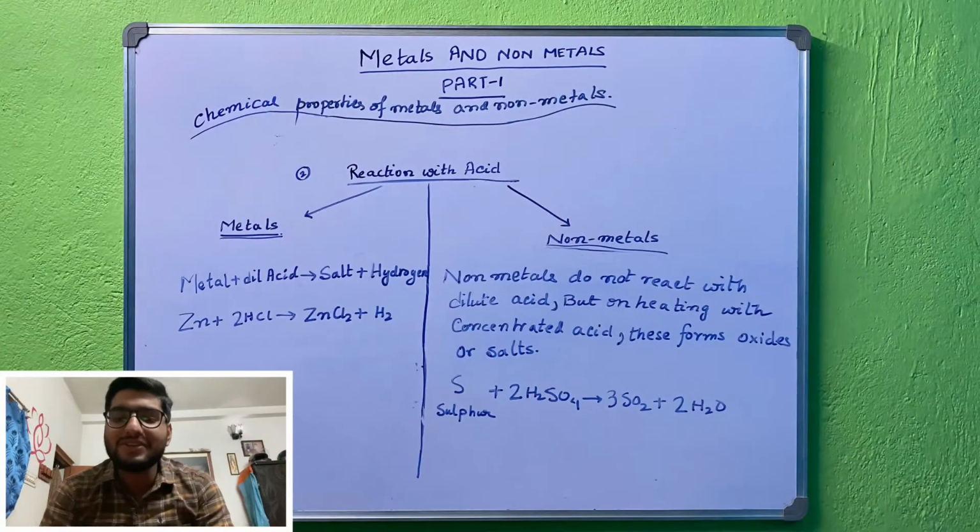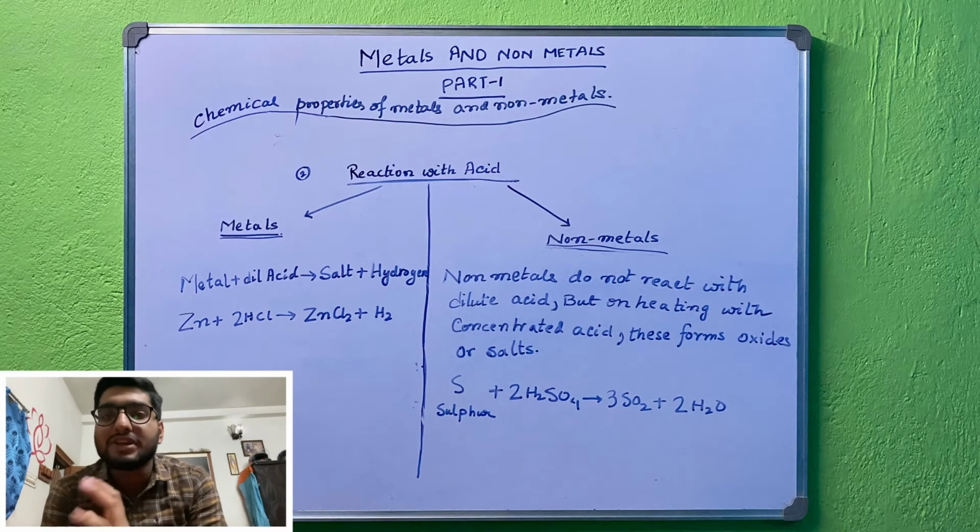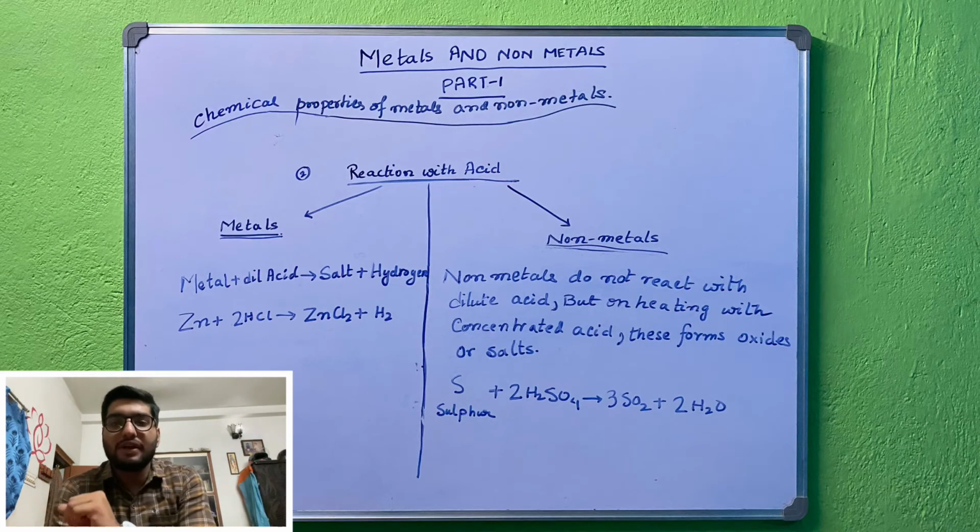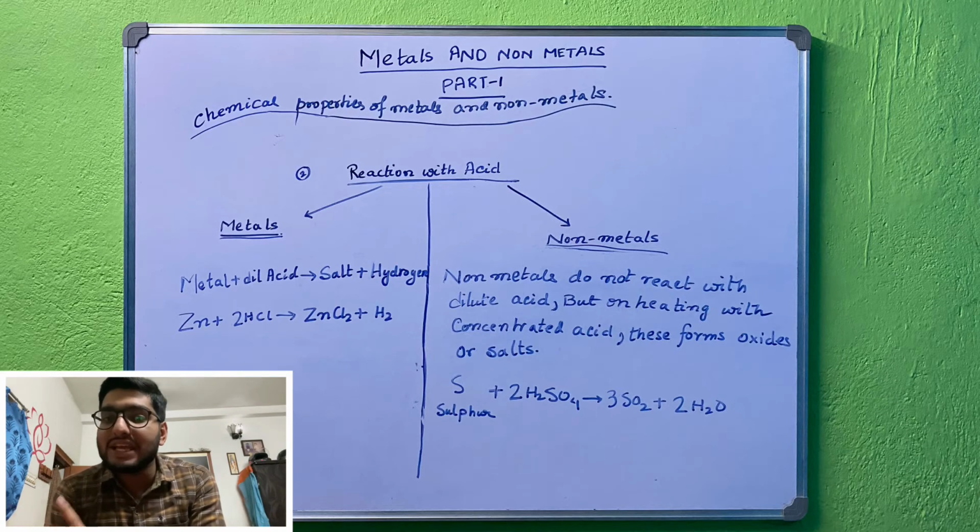Now students, coming to the last part of these chemical properties, that is reaction with acid. Basically when metals react with acid or dilute acid, they give salt and hydrogen gas. So I am giving you an example. You can see it on the board also, that when Zn reacts with HCl, Zn is zinc, and HCl is hydrochloric acid, it gives a salt which is ZnCl2 and H2, which is hydrogen gas.